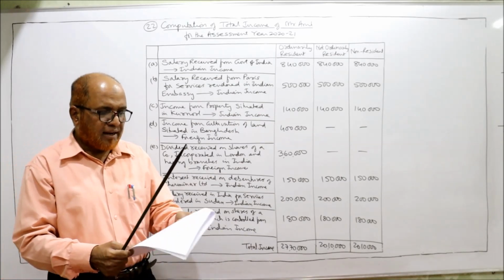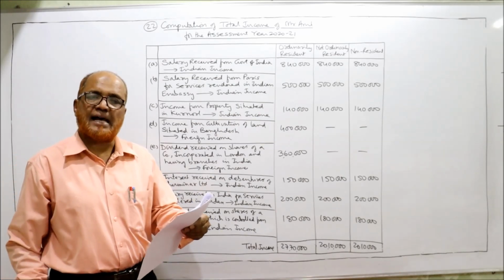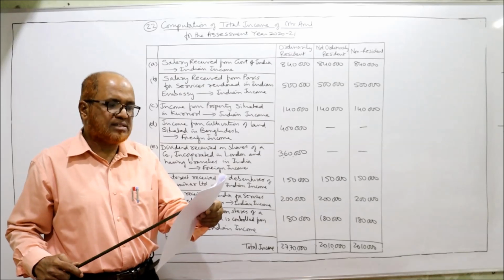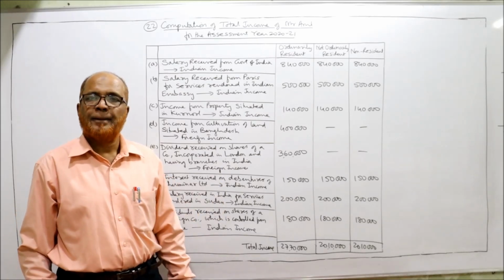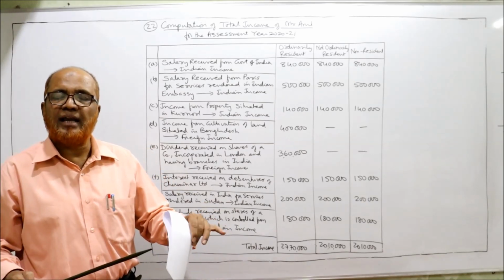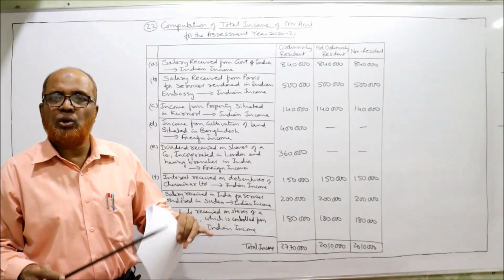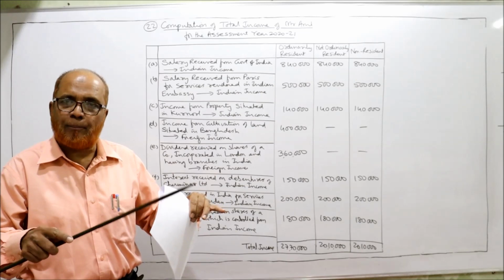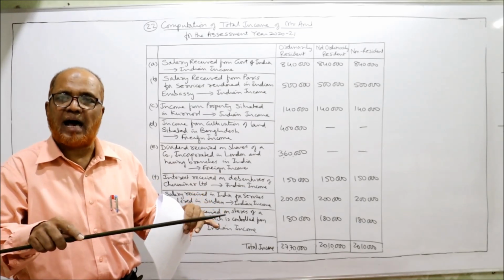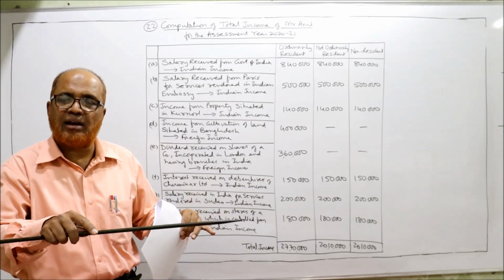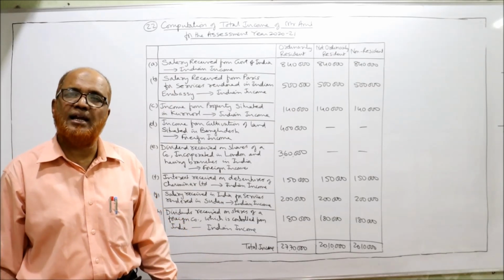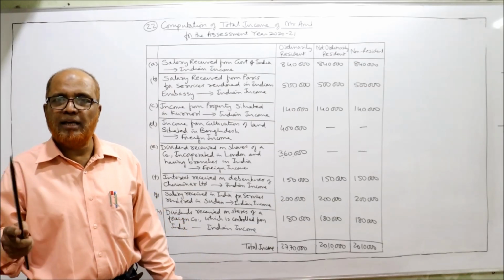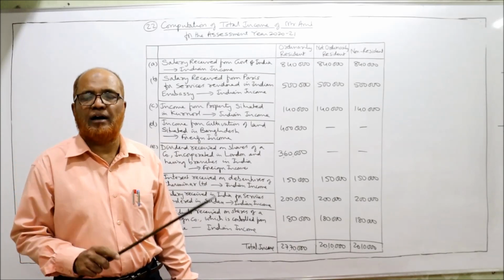Second, salary received in Paris for services rendered in Indian embassy, 5 lakh. So India has made an embassy in Paris. There in Paris, some employees are appointed by India and salary is paid by the Indian government to the employees who are rendering services in the Indian embassy in Paris. Income is generated in India.